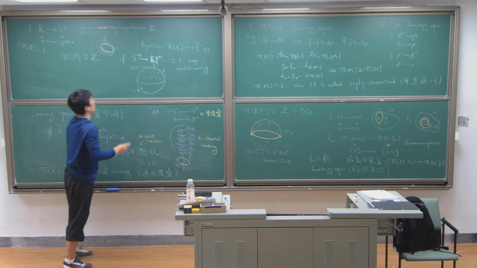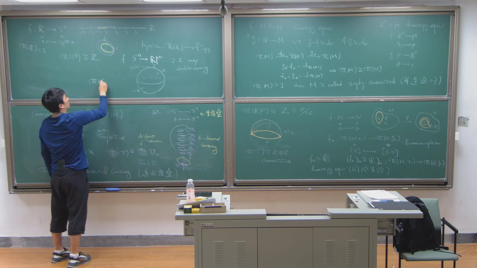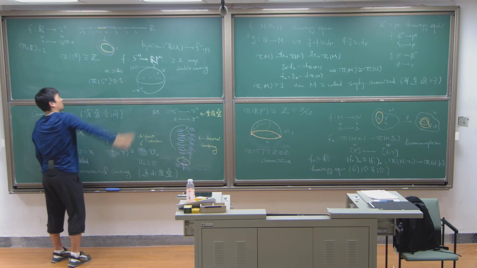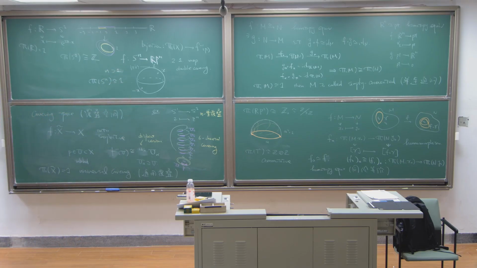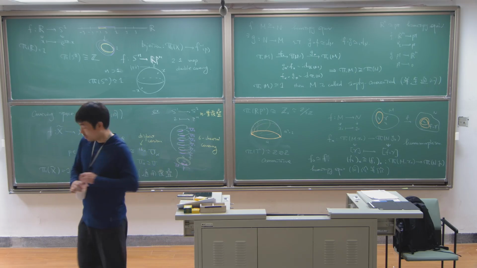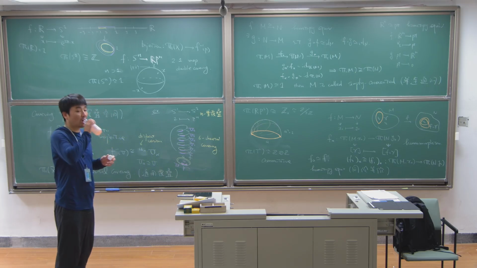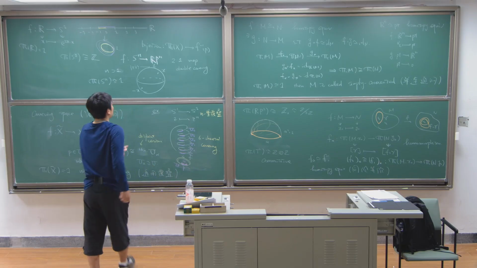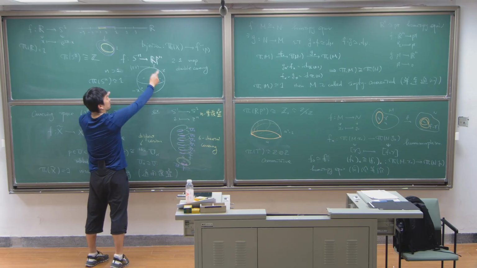Moreover, pi 1 of Sn is trivial, so it's a universal covering of RPn.